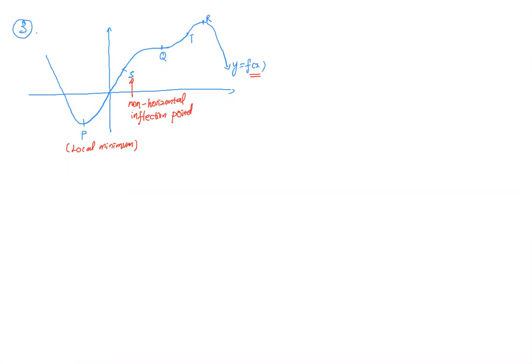So when you say local minimum, we know that f prime x equal to 0. This one is f double prime x equal to 0. For Q, this is horizontal inflection.